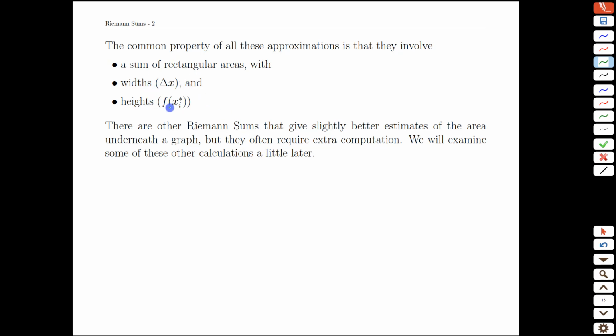There are ways to improve how this calculation works by being a little more sophisticated, but that's something that we'll see a bit later. For now, the most important idea is just that we have this width times height construction, and that we can do that to compute rectangular areas that approximate a curved area.